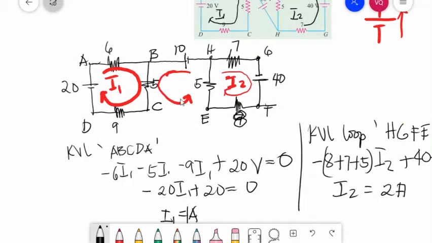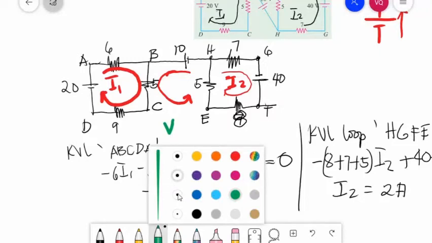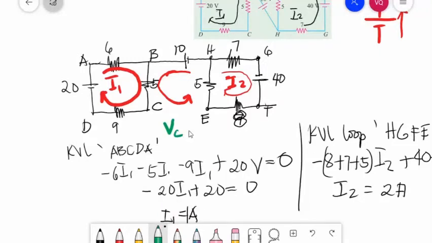To see the voltage here, we will use a voltmeter, right? A voltmeter to measure the voltage between point C and E. So, we will use a voltmeter, VCE.